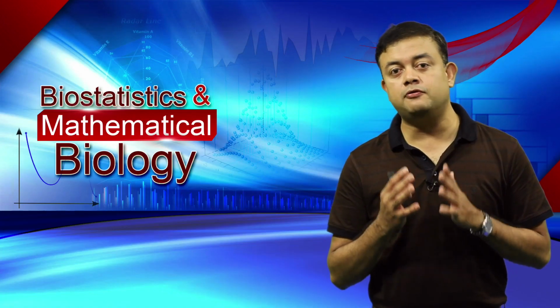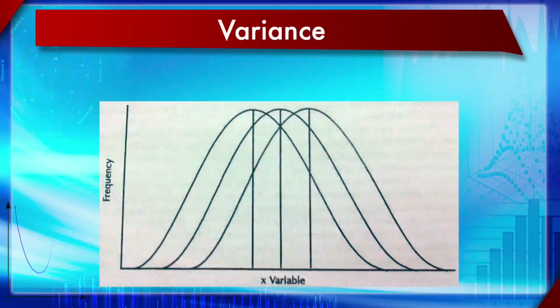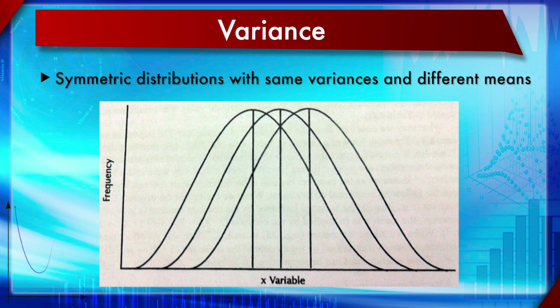If you look at the shape of the variance, the graph, you can see whether a distribution is highly varying or less varying just by looking at the histograms of different distributions. In this diagram you can see 3 different distributions with entirely different means or modes, but all of them have the same variance because the shape is exactly the same.